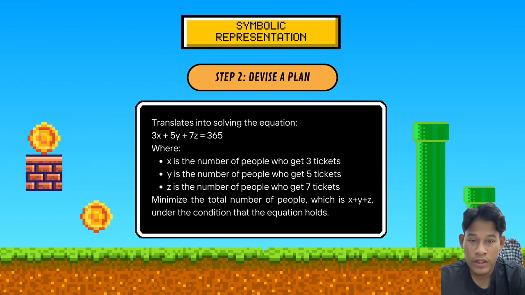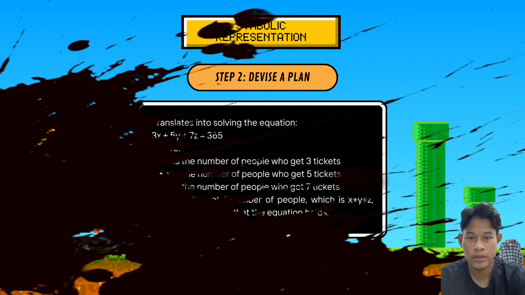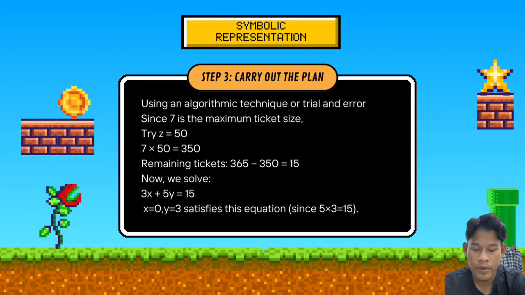So we need to minimize the total number of people, which is x plus y plus z, under the condition that the equation holds. So we move to the next step, which is carry out the plan.